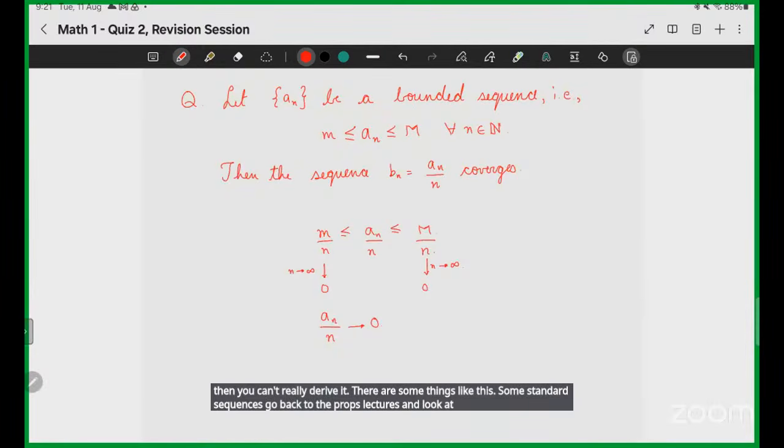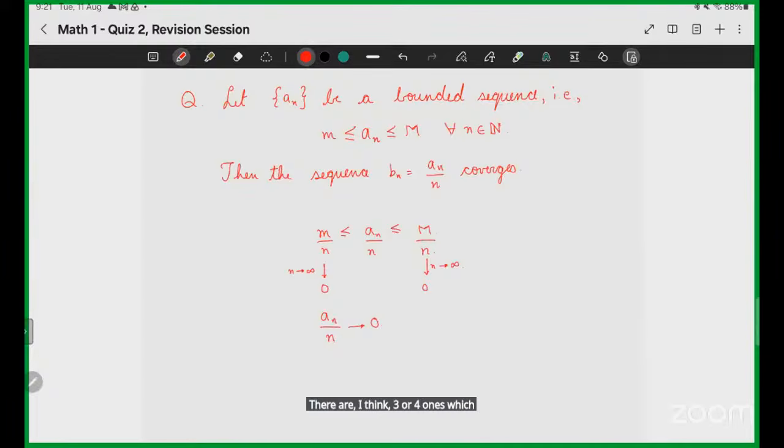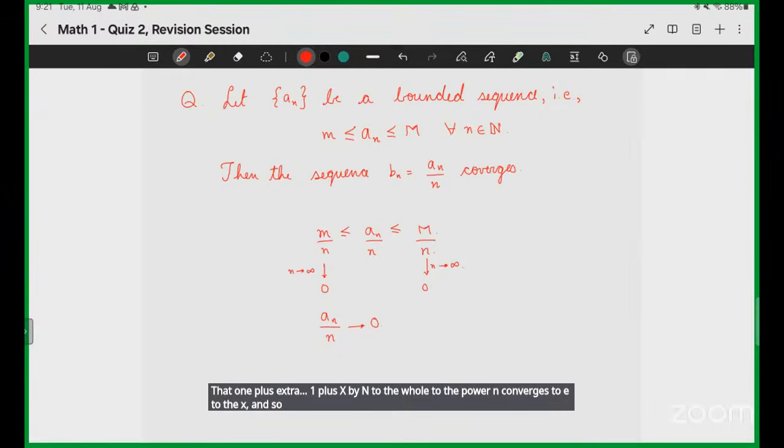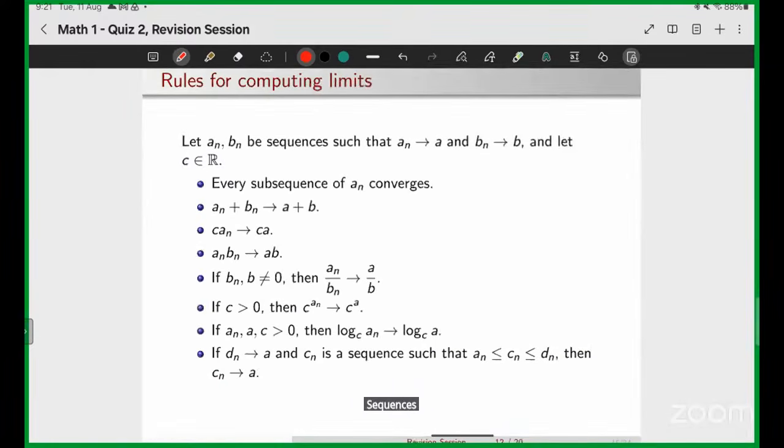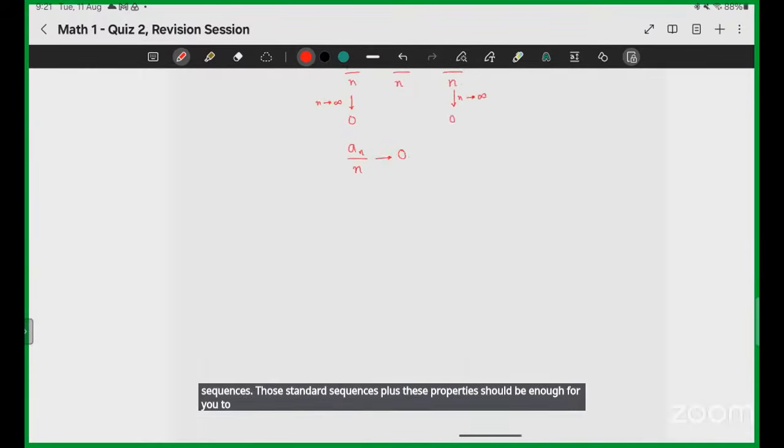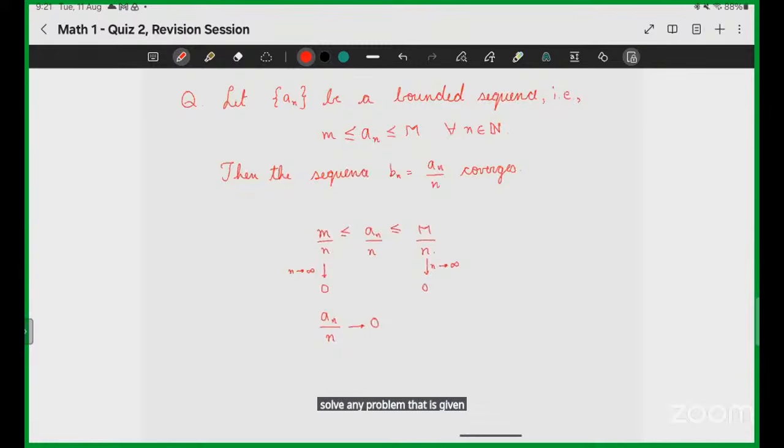There are 3 or 4 which it is good to commit to memory, like 1 plus x by n to the whole power n converges to e to the x, and so on. Those standard sequences plus these properties should be enough for you to solve any problem that is given.